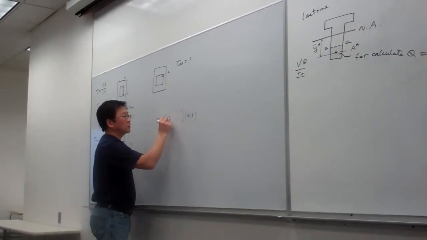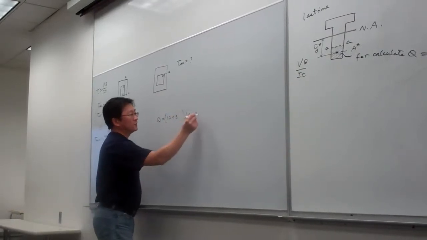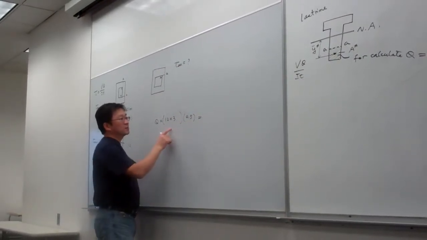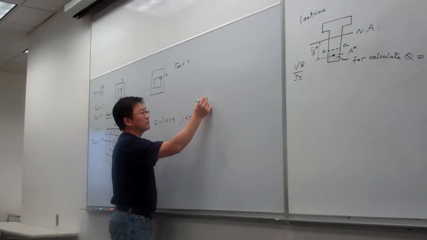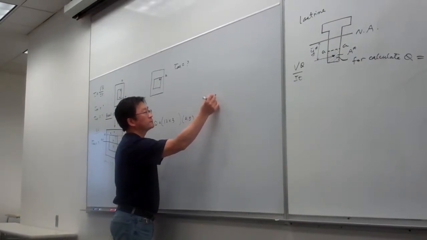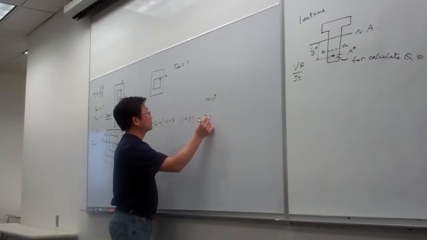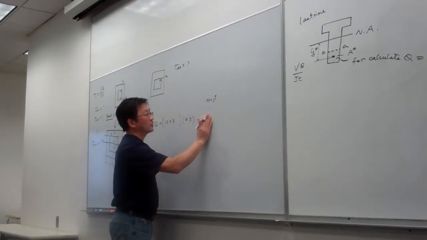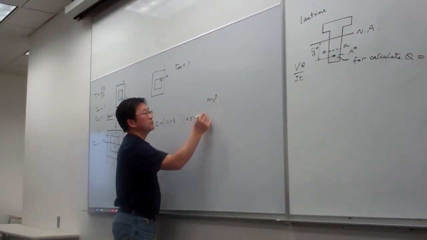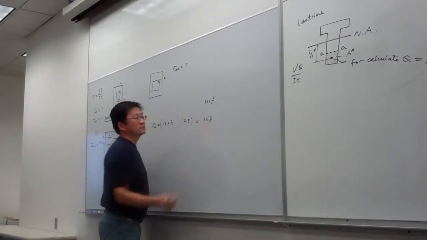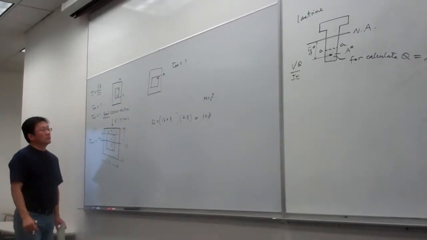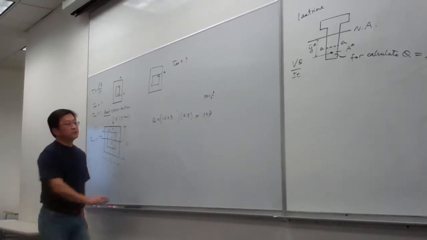The area is 12 times 3, so for this case it is 36 multiplied by 4.5, which gives 162.